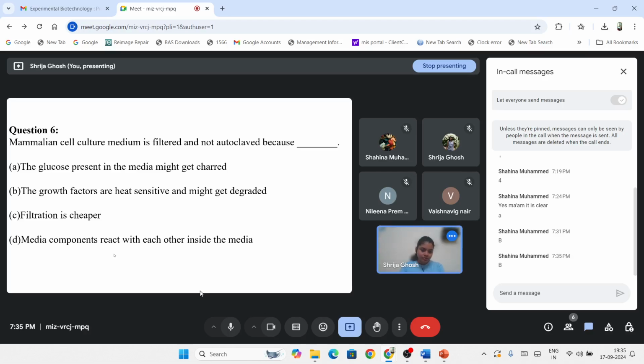Yeah, Shaina has answered option B. The growth factors are heat sensitive and might get degraded. Okay. Anyone else wants to answer?